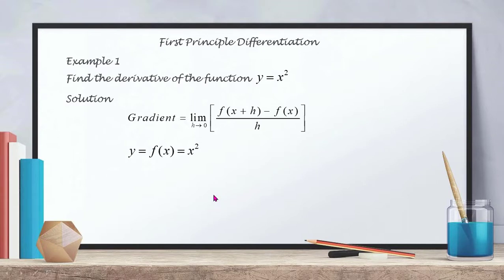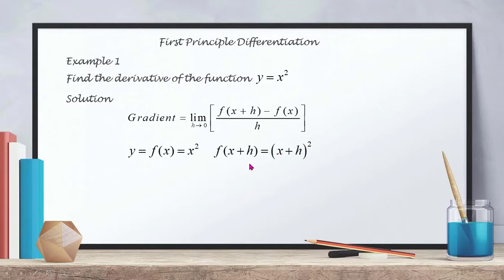Next, we want to write down the function at its new value as x increments by h. So the value of x now has become x plus h. So the function here, x squared, will become x plus h squared.